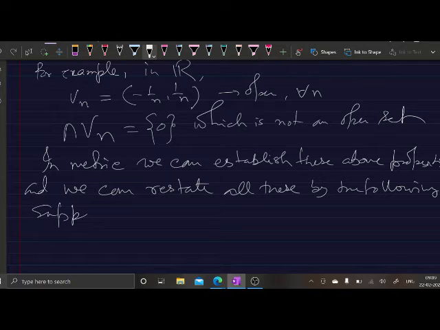Suppose tau_d is the set of all open sets in X.